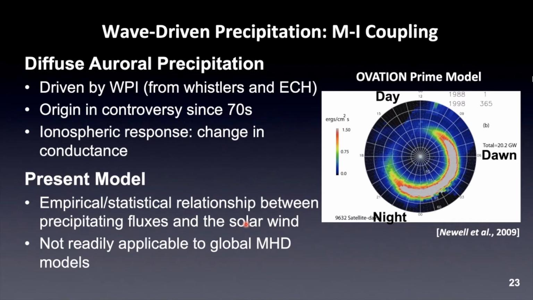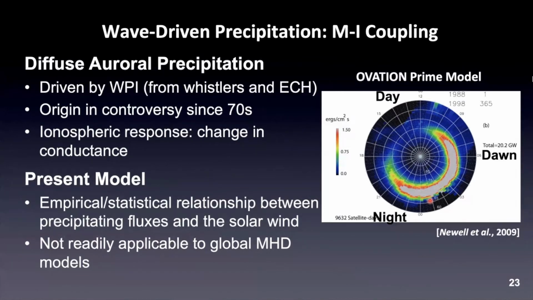Interestingly, although its origin has been attributed to wave-particle interaction from either whistler waves or ECH waves, the relative importance of these two wave modes in driving the diffuse aurora has been controversial for the past 50 years, I would say. And about the modeling efforts on the precipitation of diffuse aurora, there have been empirical models between the precipitating flux and the solar wind activities.